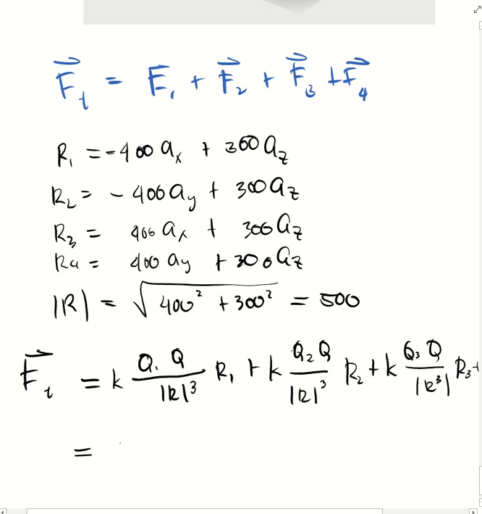So Q1 is 60,000. Then you multiply it with Q, which is 300,000. Then you divide it by the distance, which is 500, then you take the cube of this.